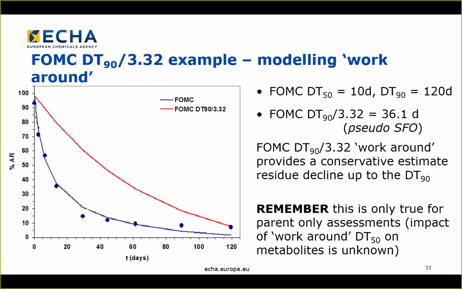It might actually be less conservative for the metabolite. That's a bit of a limitation of these workarounds, and we'll come back to that after lunch when we talk about metabolites. So just remember, these conservative workarounds, whether it's K2 rate constant or FOMC DT90 divided by 3.32, should really only be used when you've got a parent-only exposure assessment.